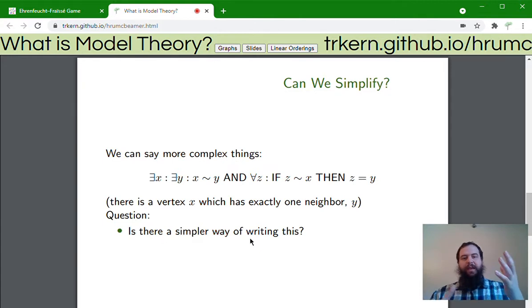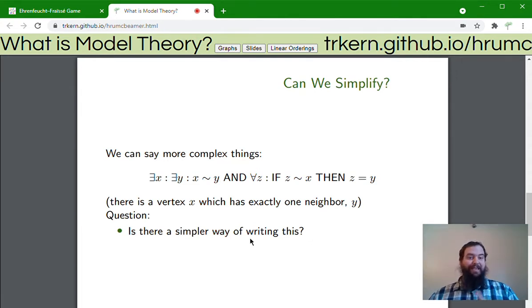And so we can say this, and when we have written down this formula here for describing that there's a vertex of degree 1, we notice that it has 3 variables in it, right? It has x, y, and z. And one of the questions we could ask is, is there a way of expressing that there's a vertex of degree 1 using just 2 variables?